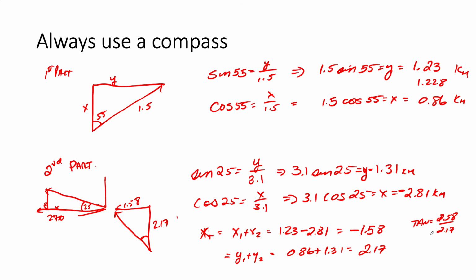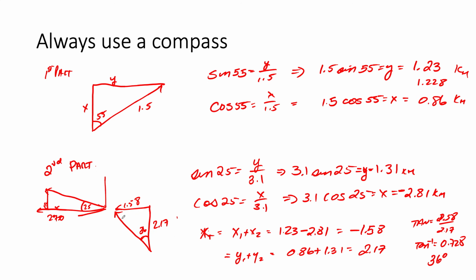So if we go 1.58 opposite over adjacent, which is 2.17, and then you take that value, 0.728, and do the inverse tangent of it. You should have an angle of 36 degrees. So I'm traveling, this angle is 36 degrees. I'm running out of room.